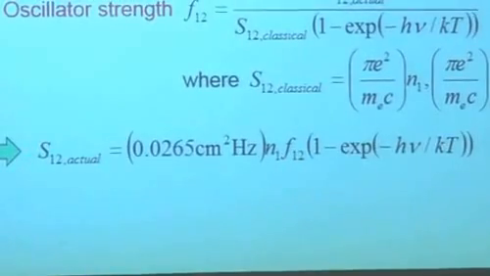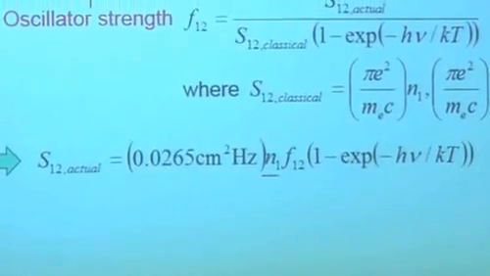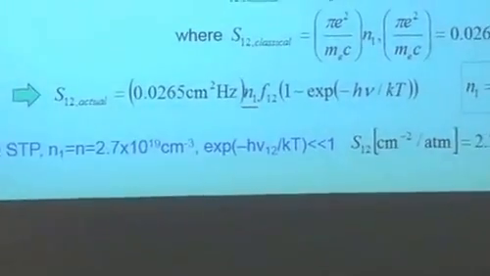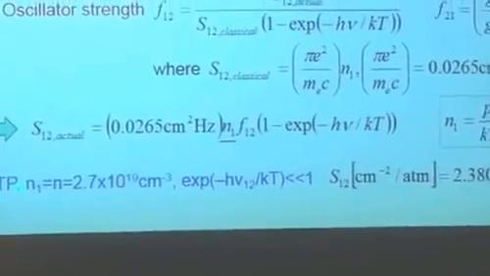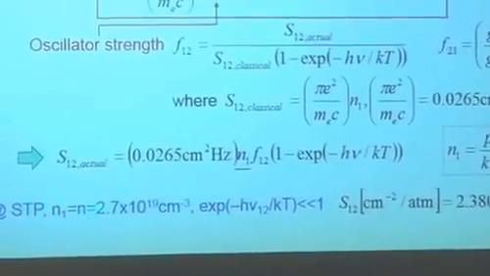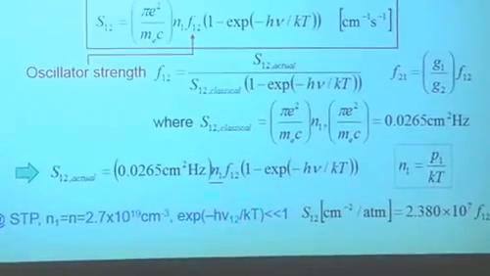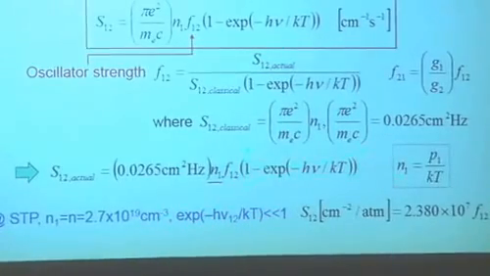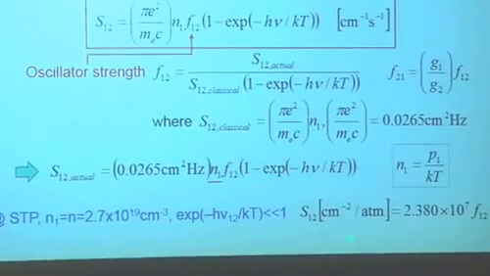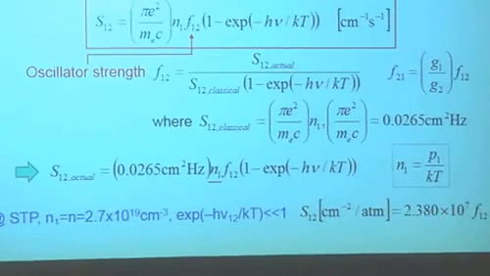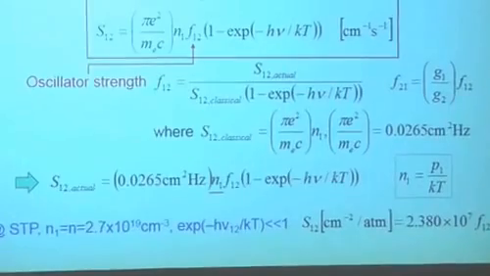The line strength goes up with the number of absorbers. Just to keep things straight, the number density at STP is about 2.7 times 10 to the 19th. Typically, this number is less than 1, so you don't need to worry about this term. To a good approximation, this centimeters minus 2 per atmosphere is just a number. So you're going to have to live with the fact that this thing appears in many different forms.